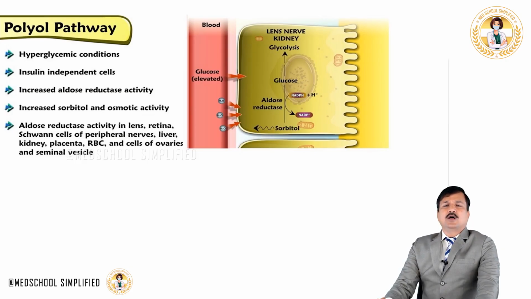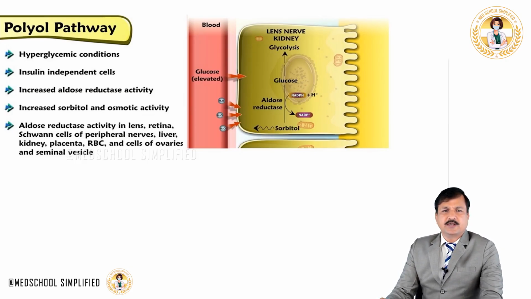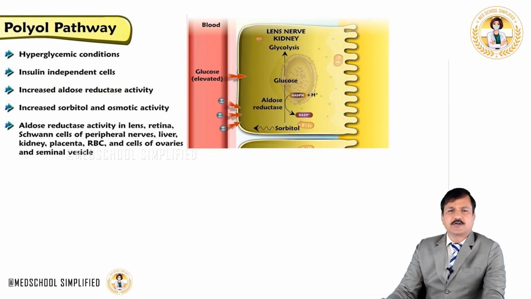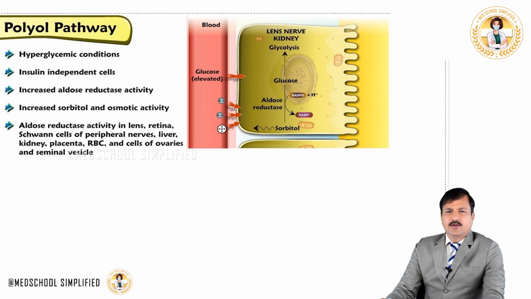Now, whenever excess glucose is present in the cell, although glucose is converted into glucose 6-phosphate and undergoes glycolysis in most cells, whenever there is a buildup of glucose, slowly some of the glucose can go into another alternate metabolic fate.